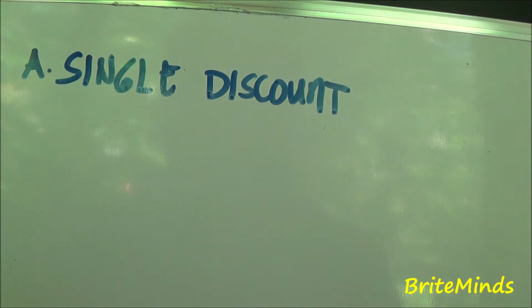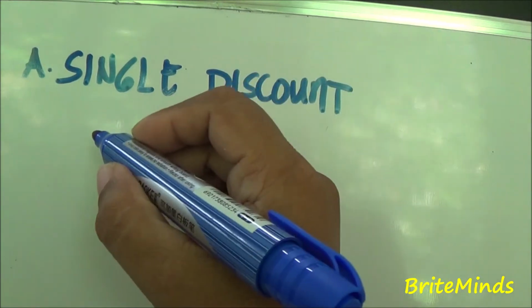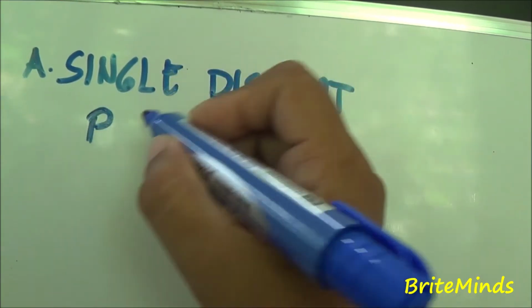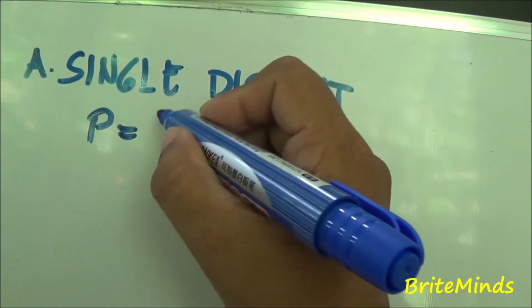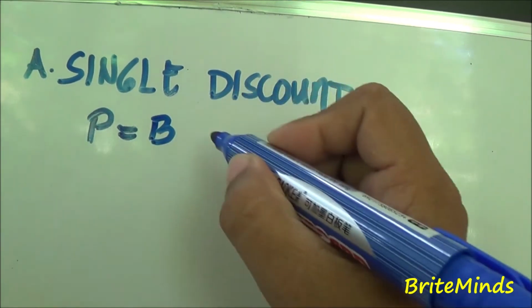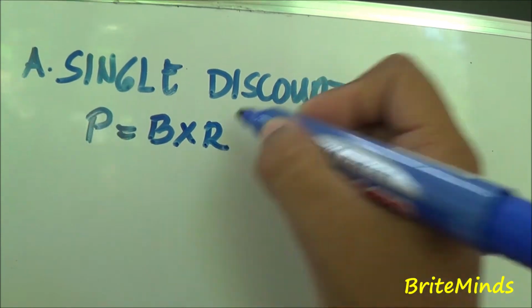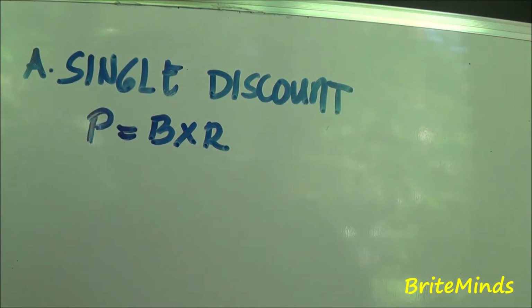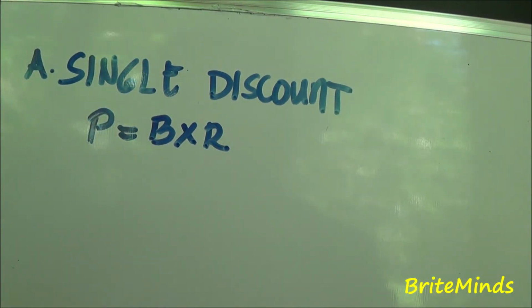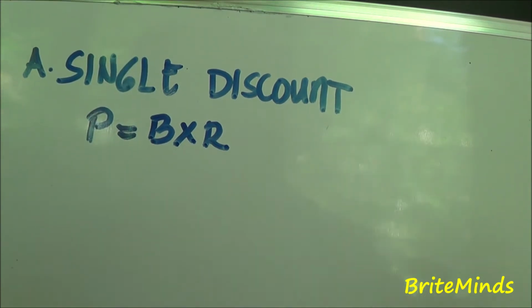You can find videos about finding the percentage, base, and rate. The basic percentage formula is percentage equals base multiplied by rate.